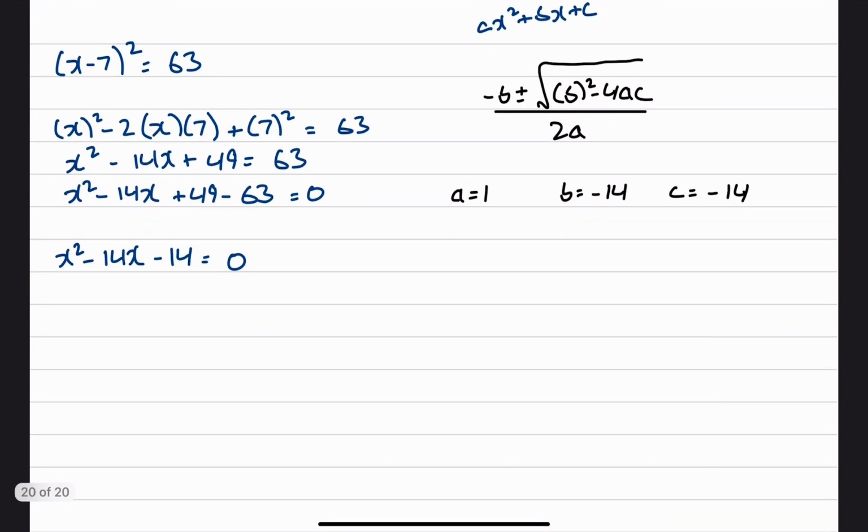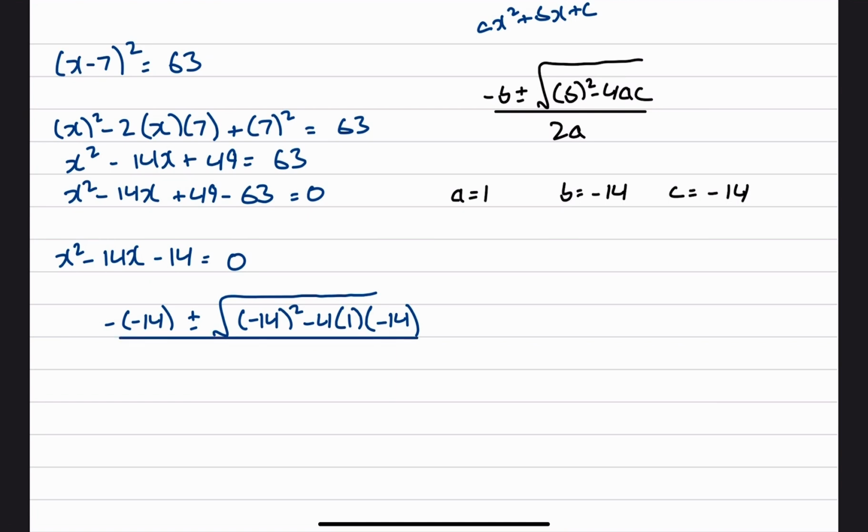So now if we plug this into our formula, we get minus minus 14 plus minus under root minus 14 whole squared minus 4 times 1 times minus 14 over 2 times 1.